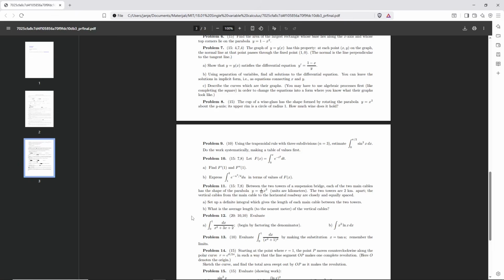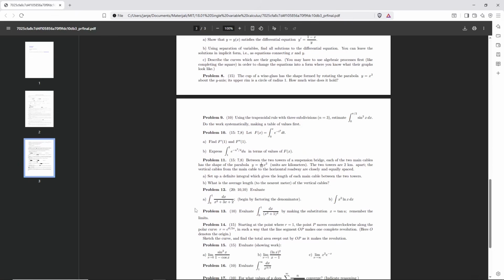In part B, once again, we're going to apply definite integrals. And in particular, we're going to use the Lagrange mean value theorem to calculate what is needed for part B. In problem 12, we are dealing with integration techniques.